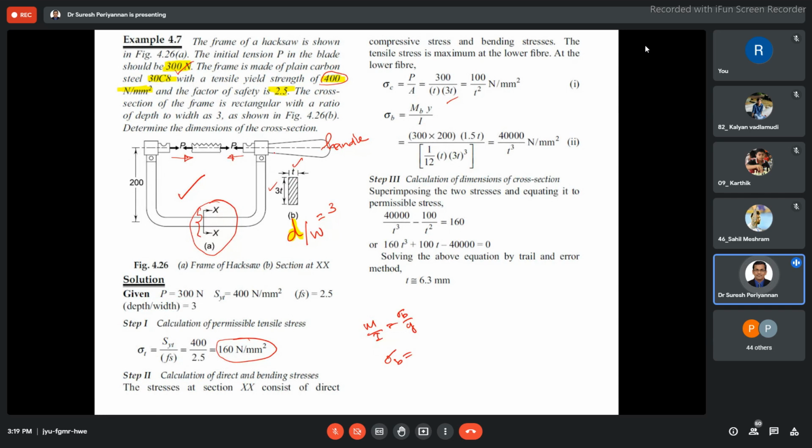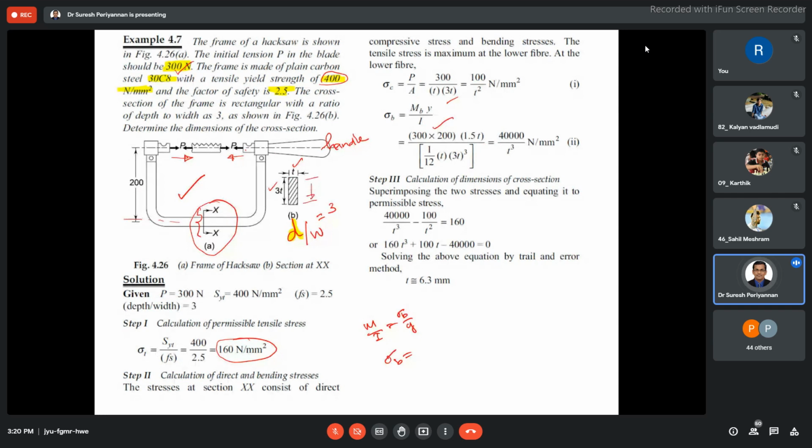Based on the given figure and your component, you have to find the bending moment. The load is 300 Newton acting here, and the distance from the region of interest is 200 mm, so 300 into 200. And what is y? y is nothing but d by 2, depth by 2.